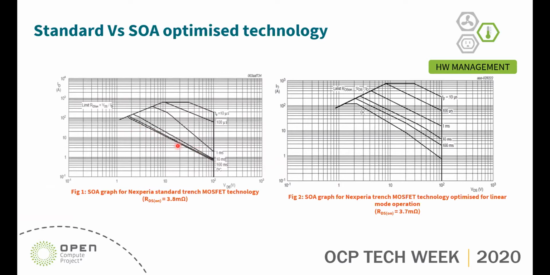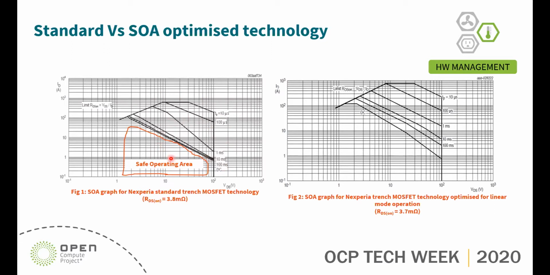Now these lines depend on the actual pulse subjected to the MOSFET. We start with the DC, meaning that if a MOSFET is being used as a voltage regulator, then it's the DC line that you need to look at. And the safe operating area is all the area below these lines. And the wider the area, the stronger the SOA performance of the MOSFET.